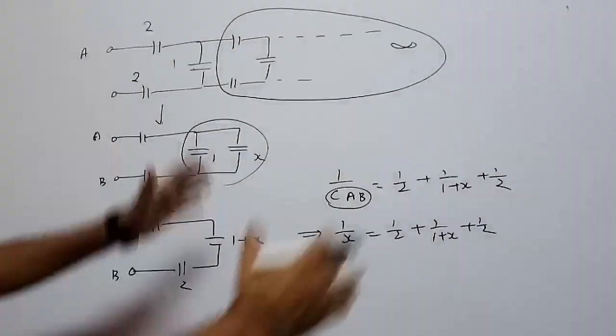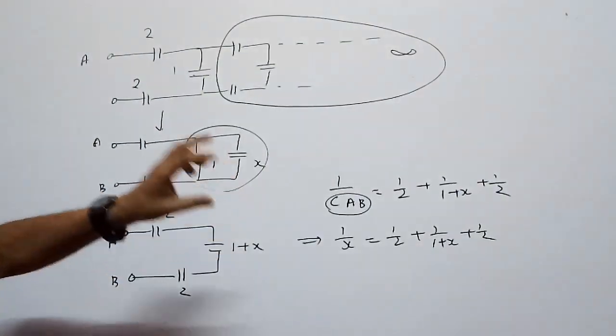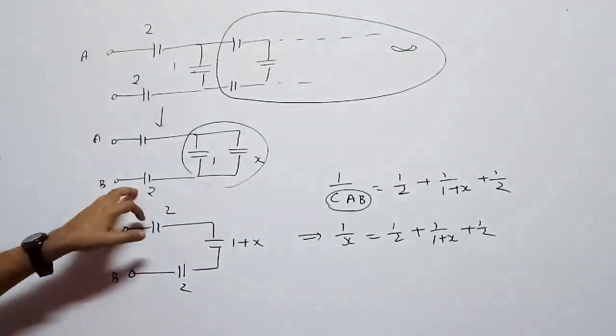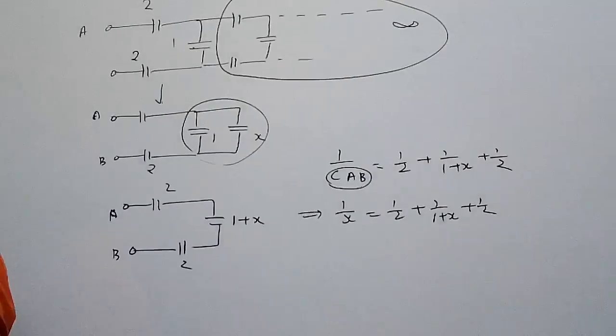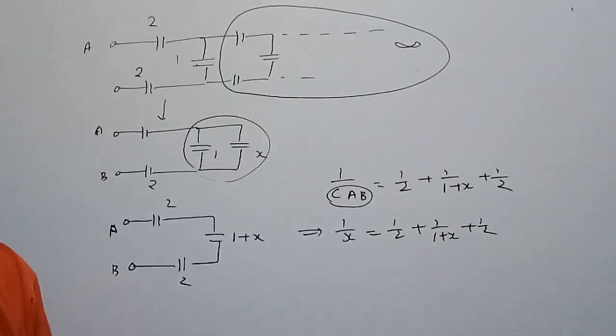Because if the connection of infinite capacitors has a single capacity value X, then the introduction of these three will not affect this value. That is why the net capacity of the combination is also taken as X.